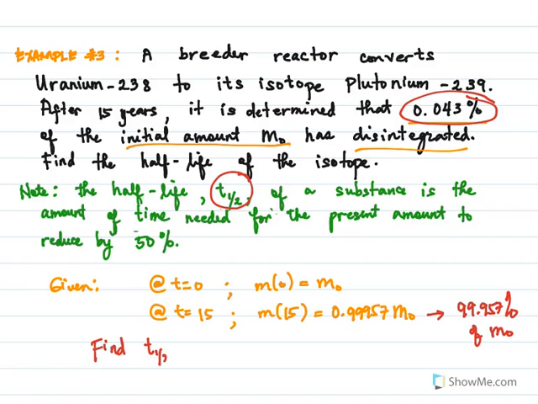So you want to find the half-life, T sub 1/2. And what is the condition for the half-life? We know that the condition for the half-life is that M of T sub 1/2 is 0.5 of M naught, or that means 50% of M naught. When 0.5 of M naught remains, it means that we are already in the half-life.